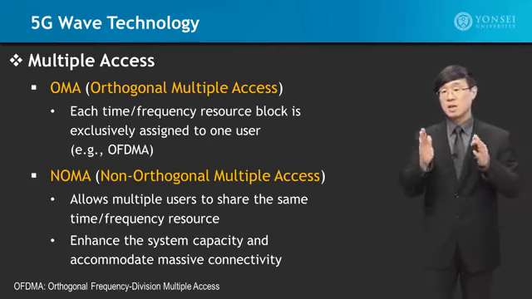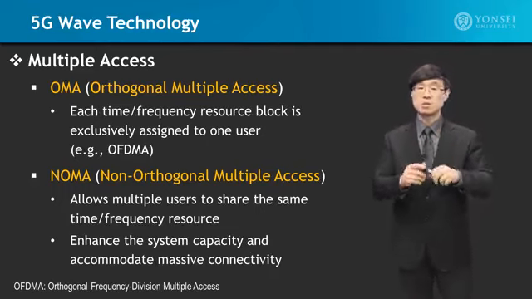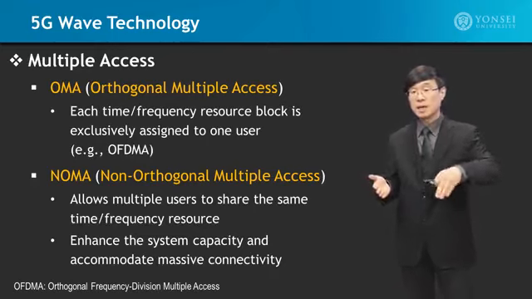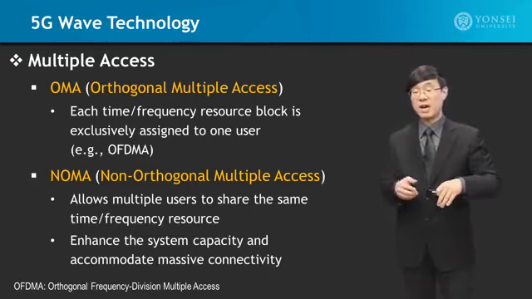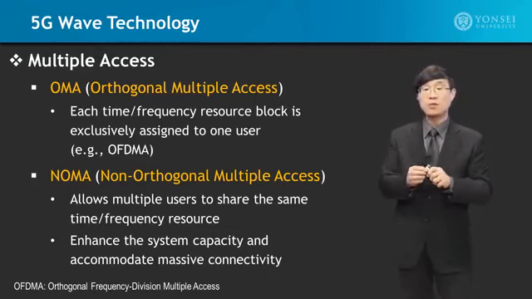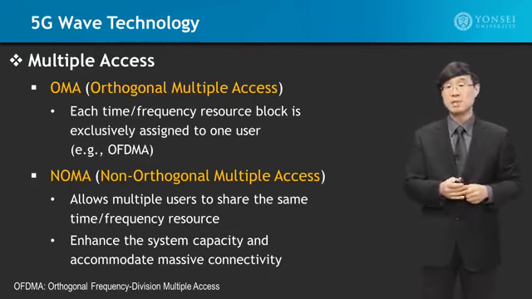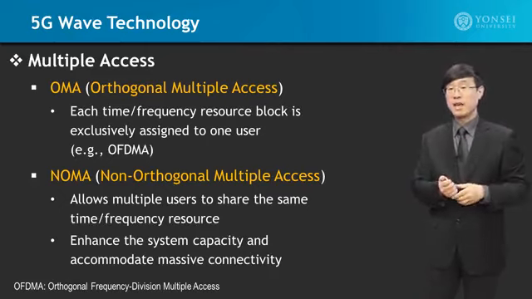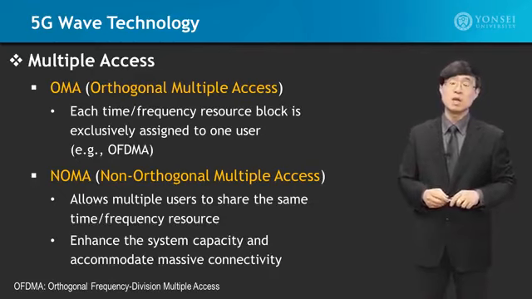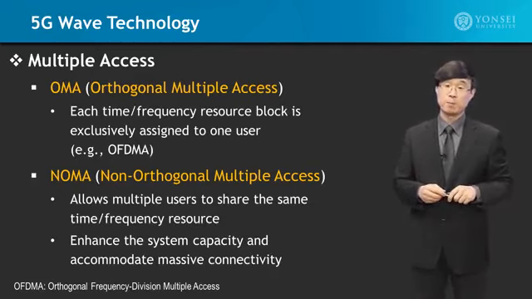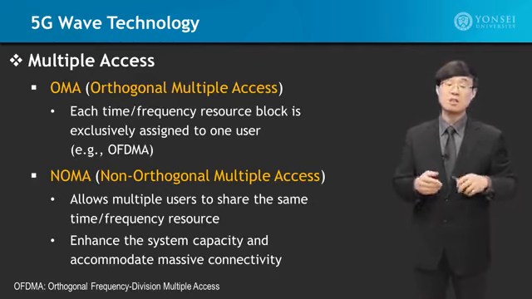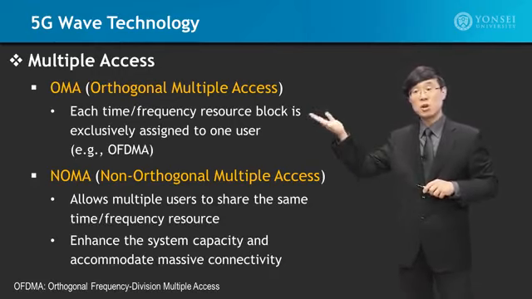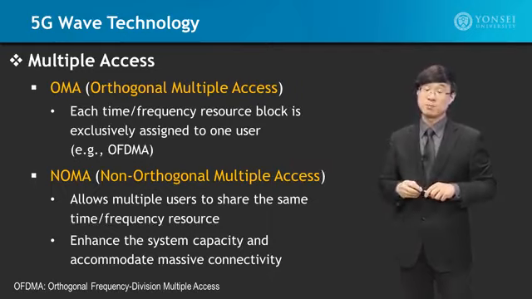Even though a certain time slot was assigned to a certain user, if you can reuse that locally in a short-range communication device so that you will not interfere with the overall usage of that time slot and frequency slot that was assigned to another user in a different location, then you can maybe intelligently reuse some of the time slots and share them. This is almost like using a cognitive radio technique based on a mobile communication platform in a multiple access structure based on NOMA technology. Pretty cool.